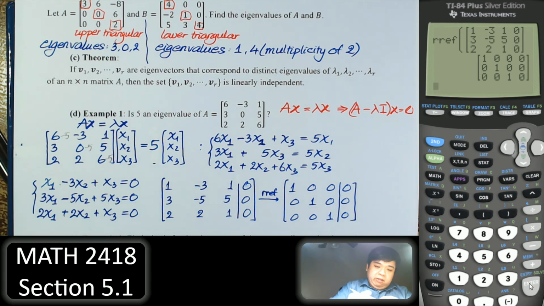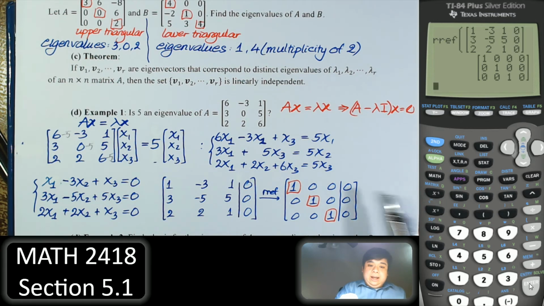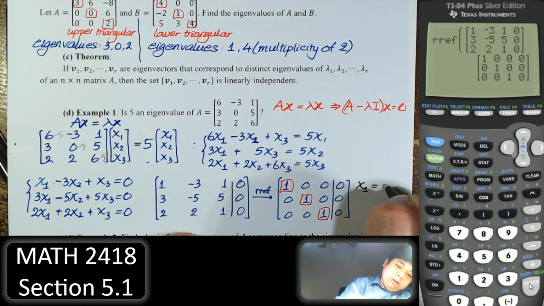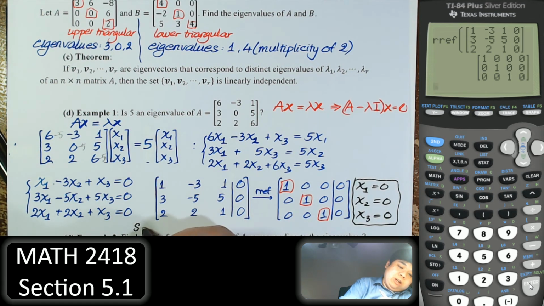We have 3 pivots, no free variable. In this case, we only have one solution. So we say x1 equal to 0, x2 equal to 0, and x3 equal to 0. So what do we see here? So x equal to 0, right?